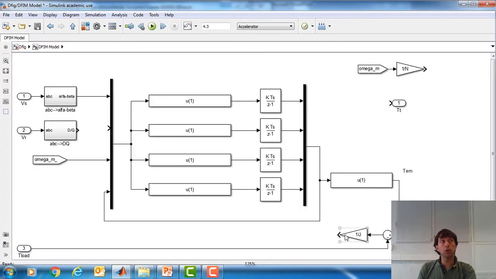Here it is. So once we have this, then we need another integrator. That will be acceleration, and once we integrate it, we have rotational speed in mechanical radians per second. Yes, this is omega m, so we need to multiply it by the pole pairs.